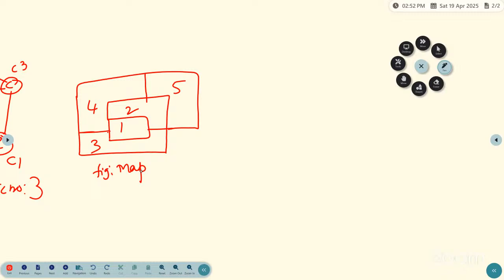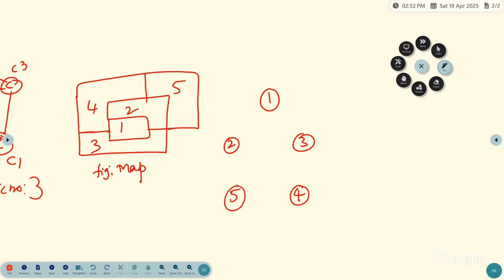So to color the map, first of all convert it into a graph. We know graph coloring. So first one, this is 2, this is 3, this is 4, this is 5.